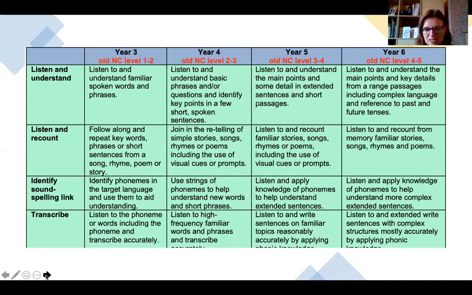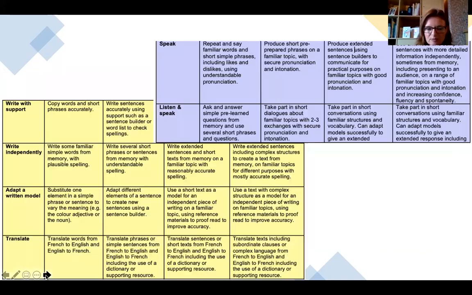So listen and understand, listen and recount, identifying the sound spelling link, and then also transcribe. So you're listening and then writing down what you hear. And then moving on, we've got speak, which is more of a presentation type activity. Listen and speak is more a conversation because you hear a question and then answer it. And then we've got different types of writing because children will be able to write more or less depending on how much support they're given.